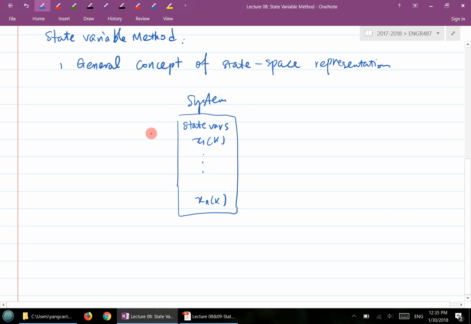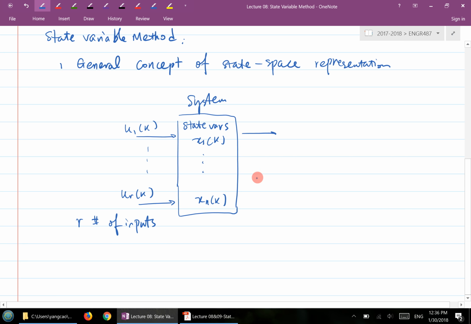So mathematically, you can pick a number of states to describe the system. And for the system in general, you could have not just one input but a number of inputs. In this case, I wrote it down here: there are r number of inputs.